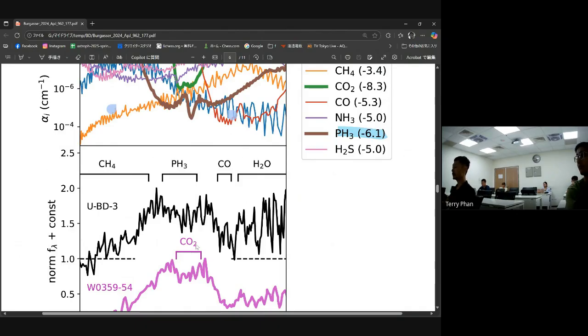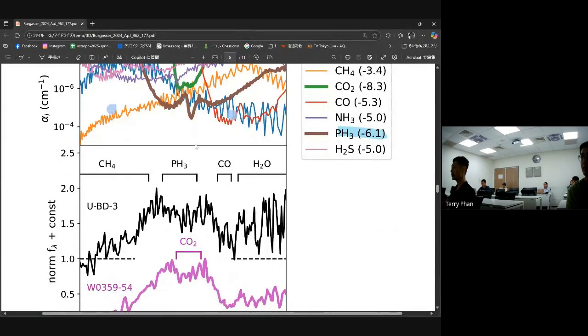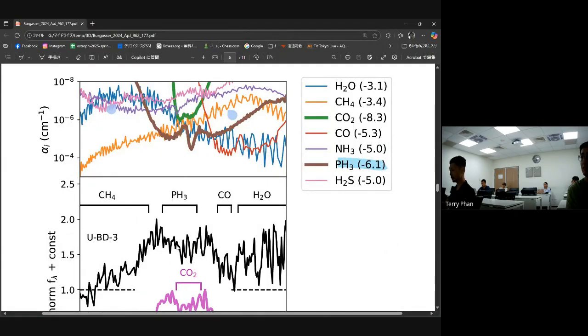But then later they argued it may be CO2. But in this case, the model fits, this absorption is a little bit extended towards shorter wavelengths, and they say they are sure that the model fits phosphine better.